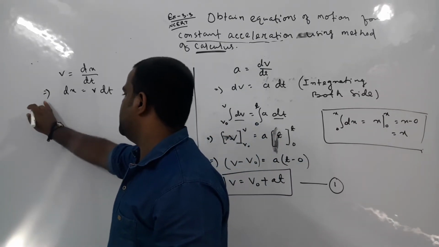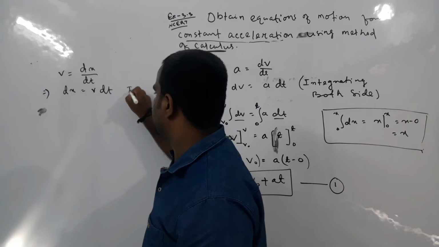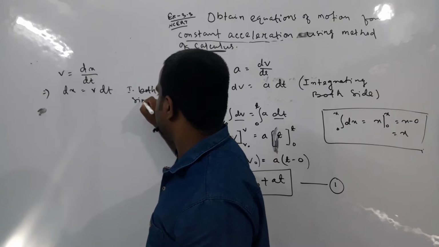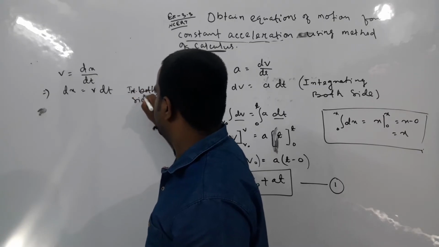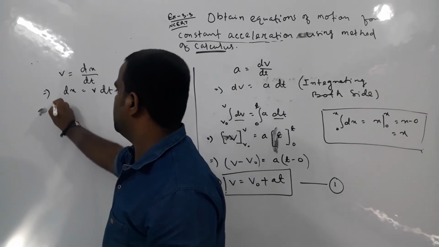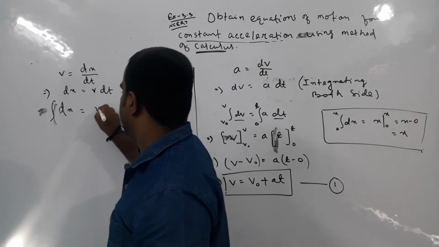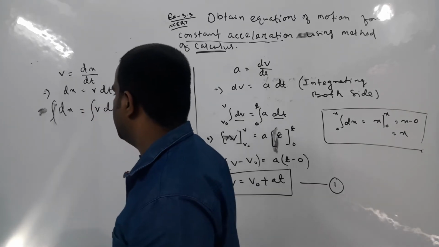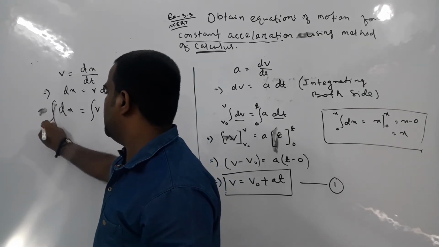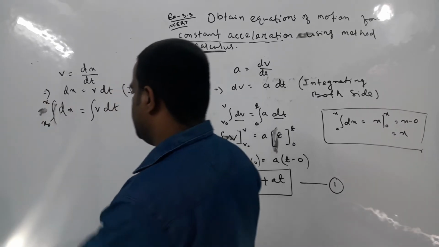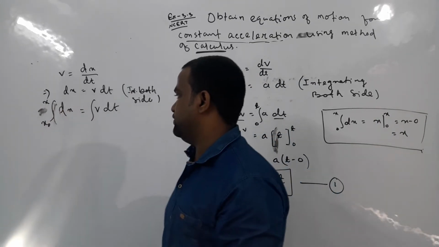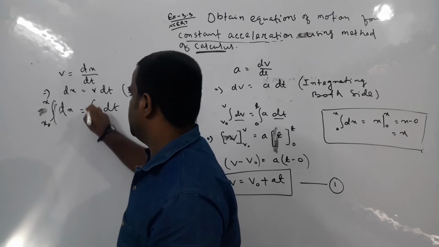So let's integrate both sides. dx is from x0 to x, starting from some point x0, to the point x. Then the time is again 0 to t.